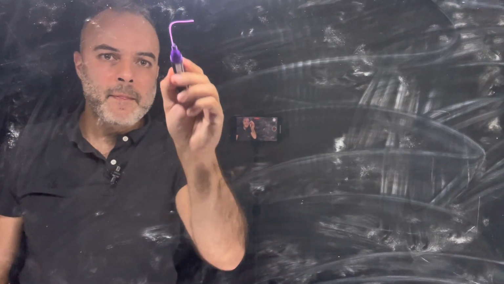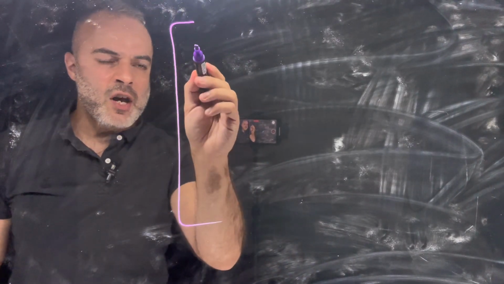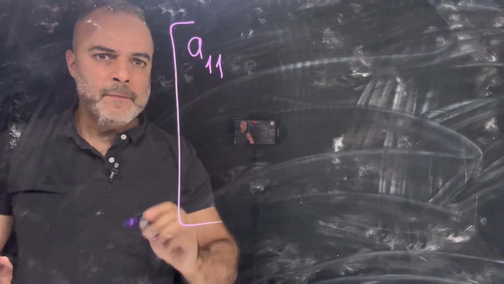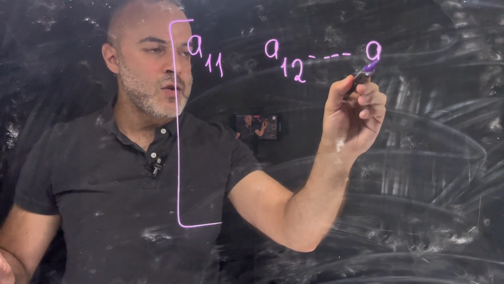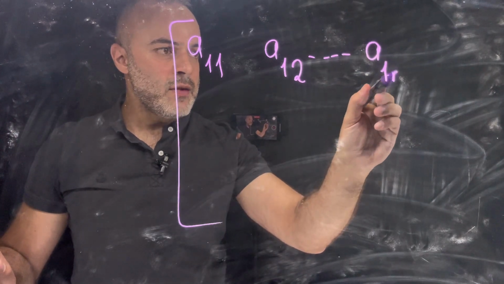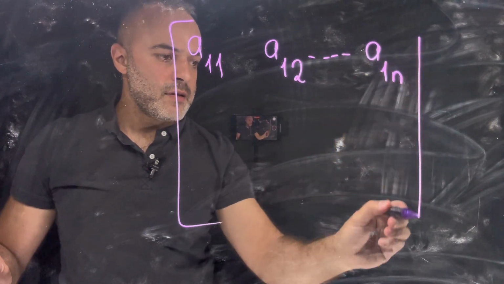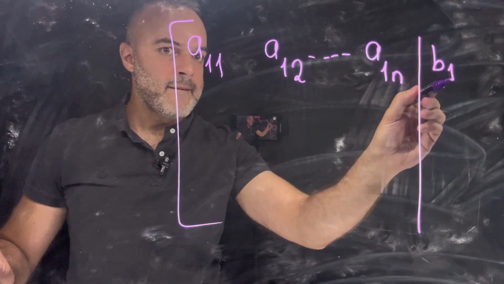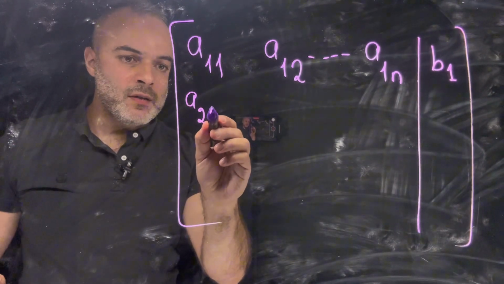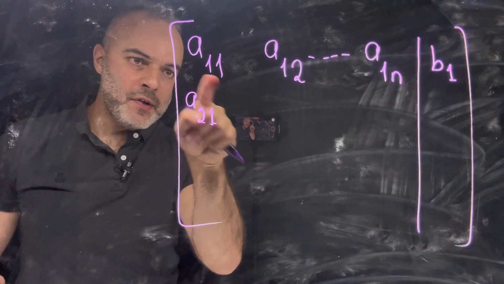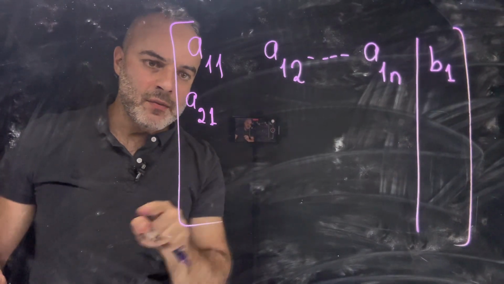So our first row will be A11, A12, A1N, right? B1, A21. Look, first row, first column. First row, second column.